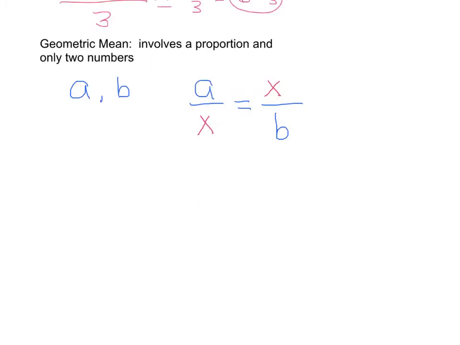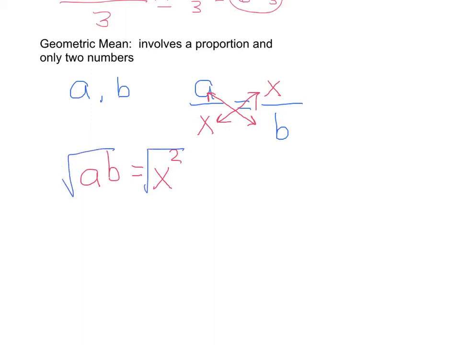So how do we solve when we get here? Well, it's a proportion. We would cross multiply and solve. And that would be that the product A times B equals the product of x times x, and x times x is x squared. Now to solve for x, we take the square root of both sides.